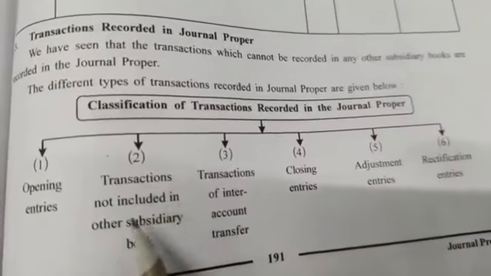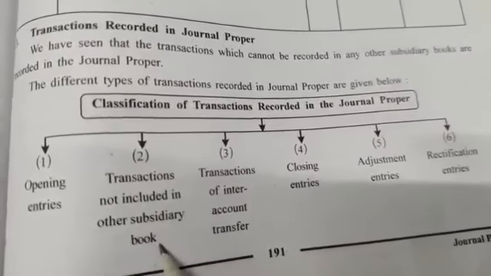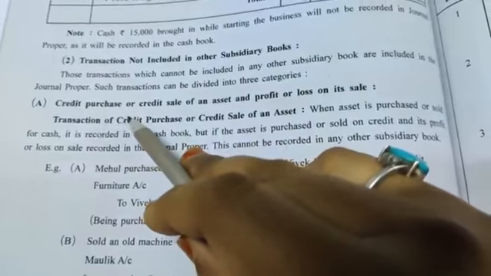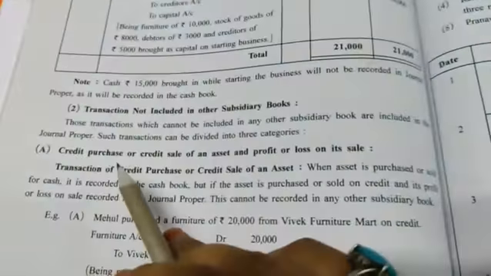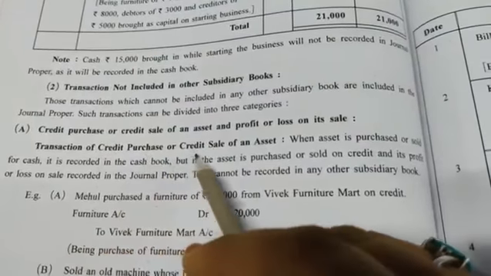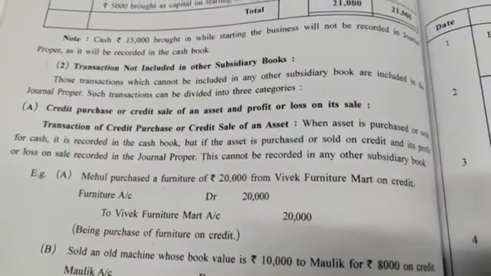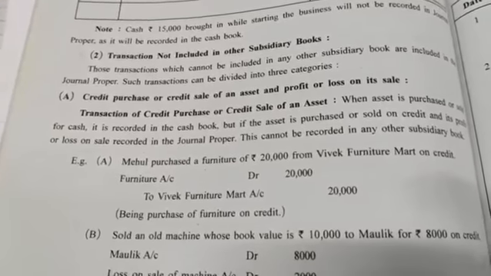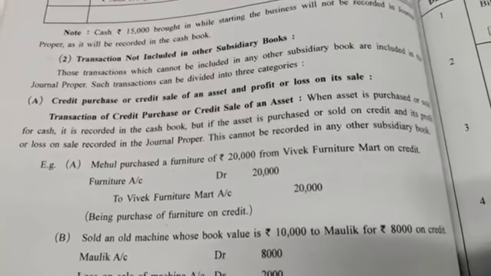Then second, transactions not included in other subsidiary books. Now see which types of transactions there are. Here there are 2 parts, A and B. First, transaction of credit purchase or credit sale of an asset. In purchase book and sales book you have seen that only the transactions related to goods are recorded.